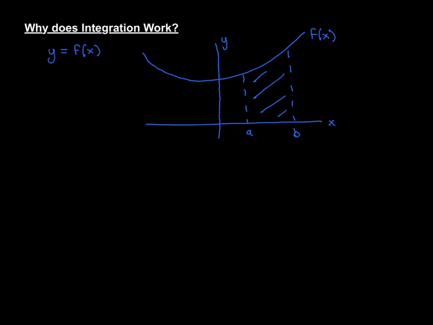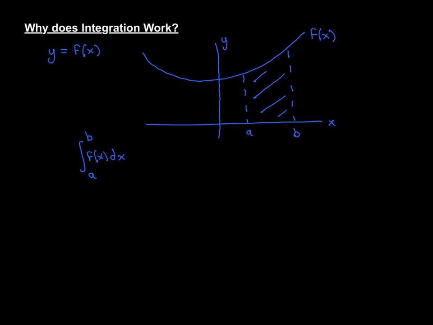And of course that is the central question of integration. So the area between a and b of f of x is the integral of f of x dx between a and b. That's what the integral is defined to be. It's the area underneath the curve between the 2 points.